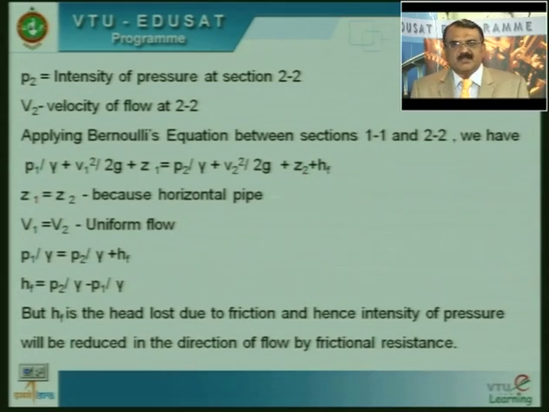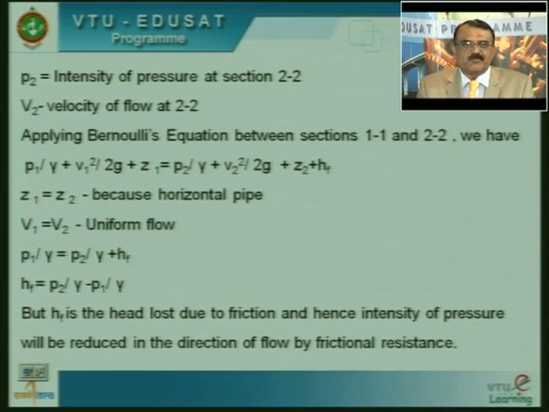Then there is another assumption I made at the beginning. What is that assumption? The flow is uniform. How do you define uniform flow? The various physical parameters such as velocity, depth, density, temperature do not change along the reach. From the starting point to the ending point, these parameters remain unchanged. That type of flow we call uniform flow.